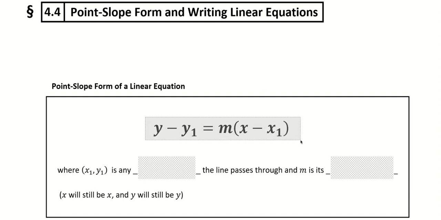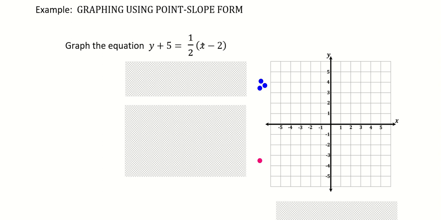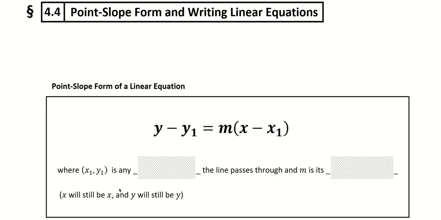And so this is what it looks like in general, where there are no numbers anywhere. It's just all variables and placeholder stuff. So it goes y minus y1, or y sub 1, equals m times x minus x1. Now, as you saw in this example, when you're working with an actual equation, x is just going to be x and y is just going to be y.